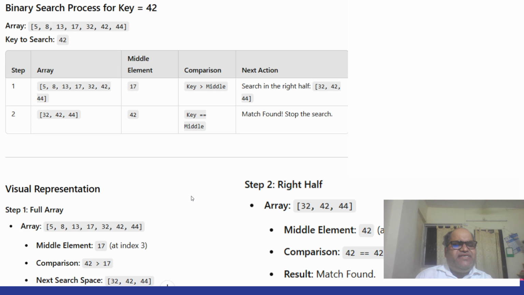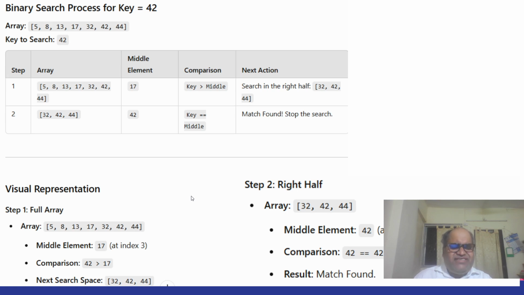So (0 + 6) / 2, what will it be? 3, right? So 0, 1, 2, 3, which is 17. So your mid element is 17, your key is 42. You compare the mid element with the key. Your key is higher. It means you move forward from mid + 1 till the end of the array.